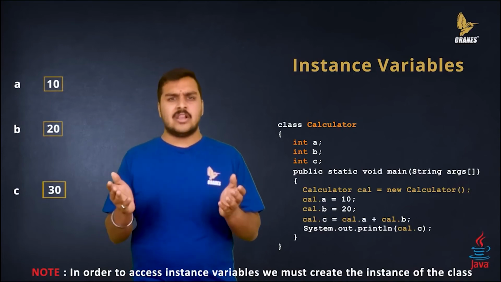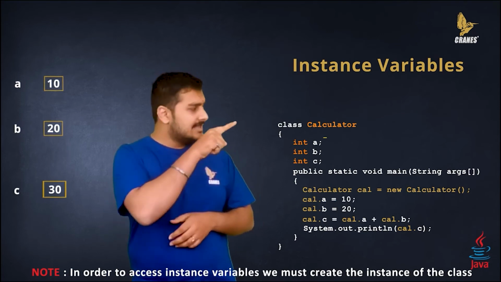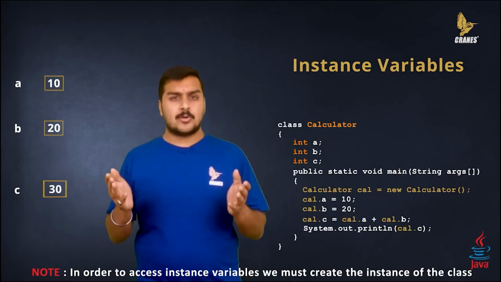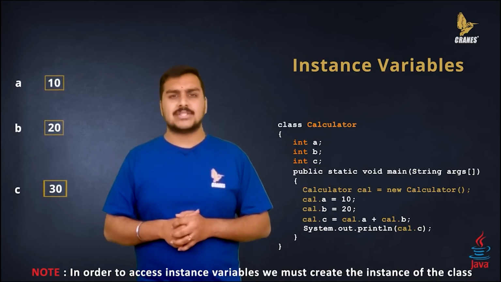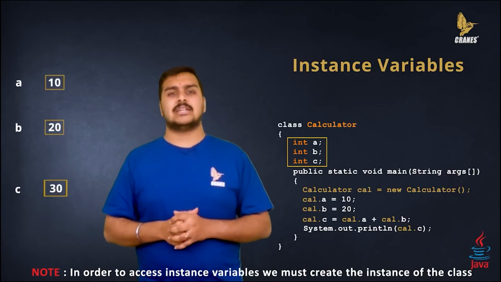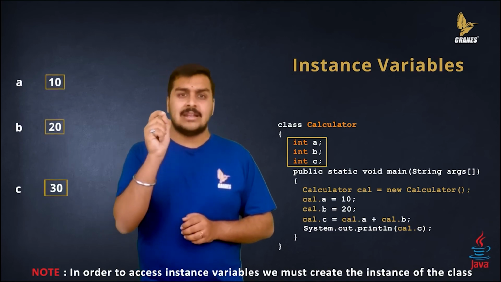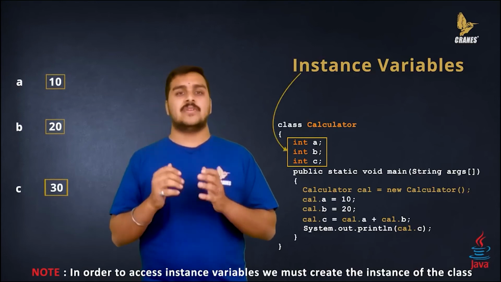Sir, what is the difference in this program? The difference in this program is these three lines. In the previous program, I had not written anything inside the class. I had not declared any variables inside the class. But now I am declaring these three variables inside the class. So any variable that is declared inside the class is what we call an instance variable.